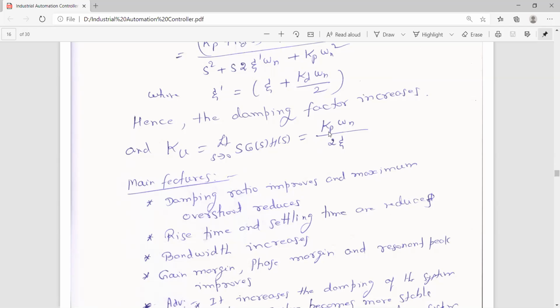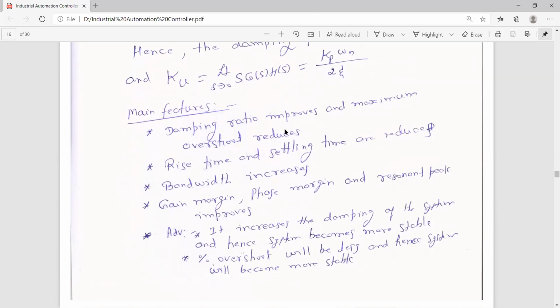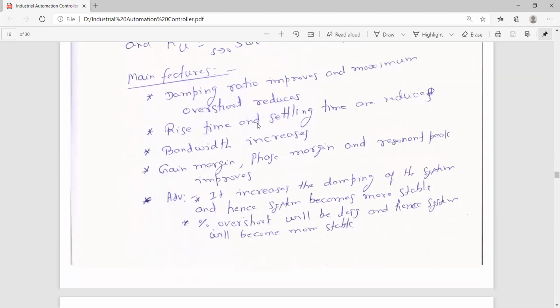Here, for the parabolic input, it comes as Kp into omega n by 2 zeta. So the main features: damping ratio improves and maximum overshoot reduces, because if the overshoot becomes larger, that will affect the stability. Rise time and settling time also reduce.